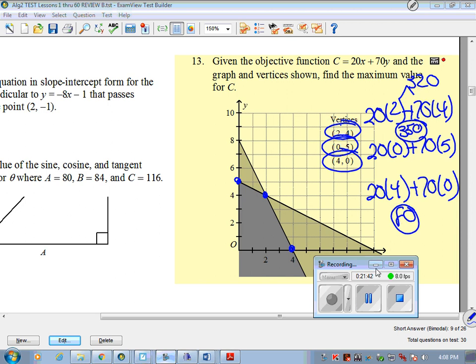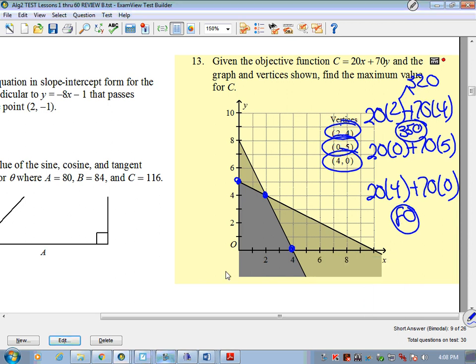The best I can figure on this question is that it is obviously a multiple choice question, and so the answer should be 0, 5. Find the maximum value should be 350, and my guess is that as I've done this, I've removed the multiple choice options.